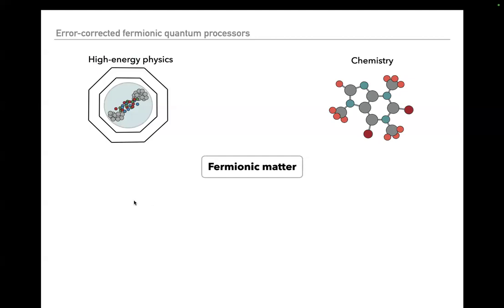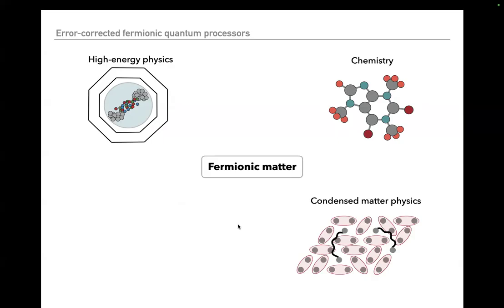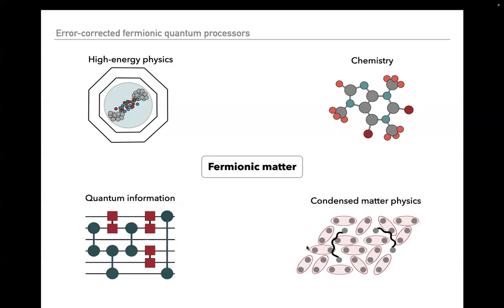But there are also problems in quantum chemistry, for instance, where the interplay of electrons in the orbitals makes up much of the properties of molecules. Of course, in condensed matter, you encounter electrons and fermionic statistics of effective excitations in materials. And more recently, there's also the question in quantum information of what changes for fermions with respect to qubits.